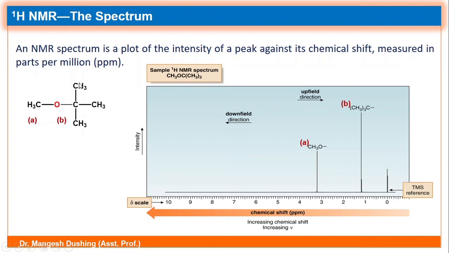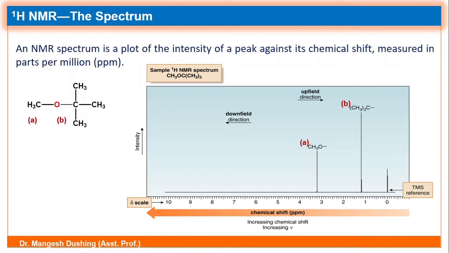Shielded protons have their peaks shifted towards the right hand side, the upfield. So for upfield, shielded protons, the chemical shifts are smaller as compared to the deshielded protons. This is the information we are getting from the NMR spectrum.